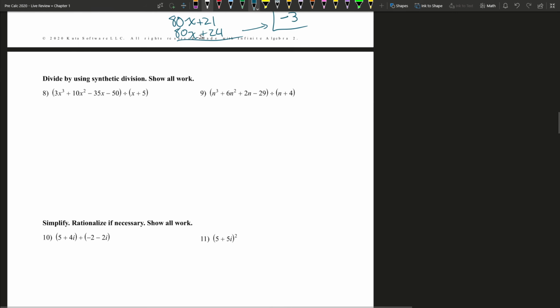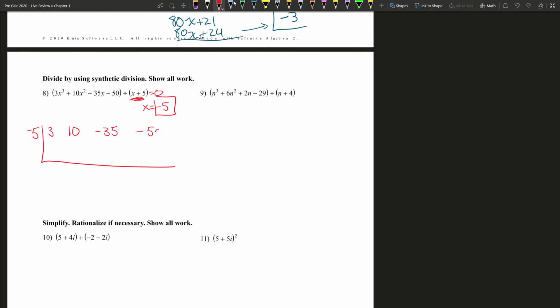Synthetic makes this a little bit easier. You take this thing on the right, you set it equal to 0, and you're dealing with this number. So you draw the box, and then put all the coefficients. All right, so we bring the first value down.